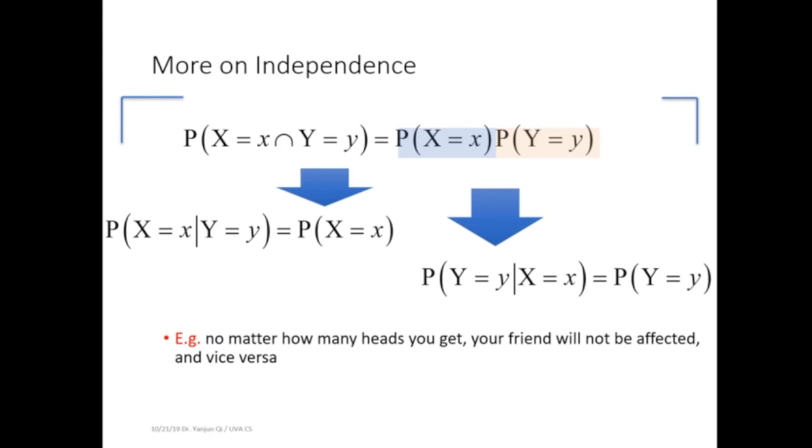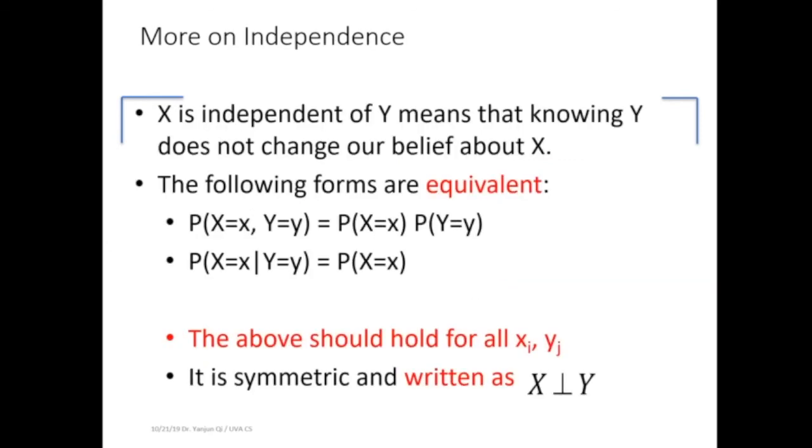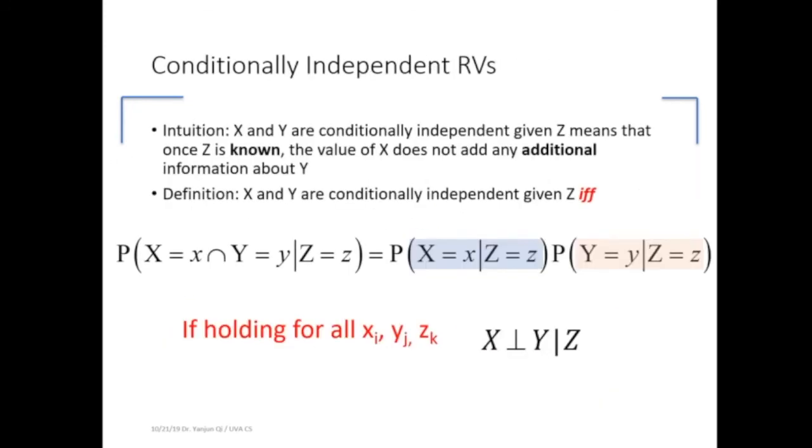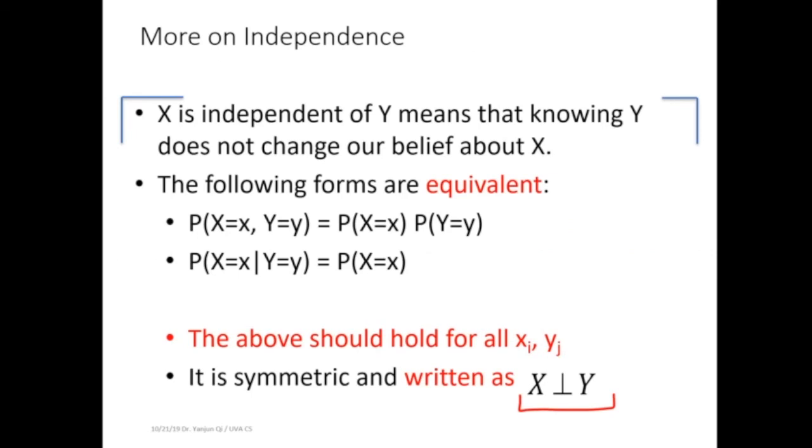There's a third thing, which is this formulation. The majority of the time, when people write that one random variable is independent of another random variable, you have to translate it to mean that this sufficient and necessary condition holds for all the possible values of xi and yj.